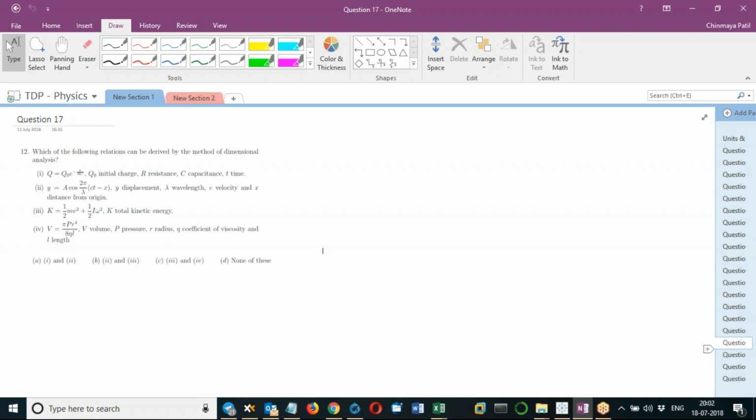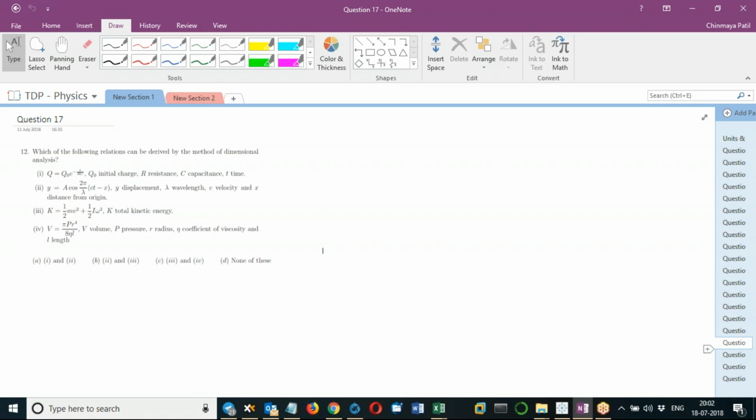So we know there is a major limitation of dimensional analysis, that any of the given relations cannot be derived using the method of dimensional analysis.